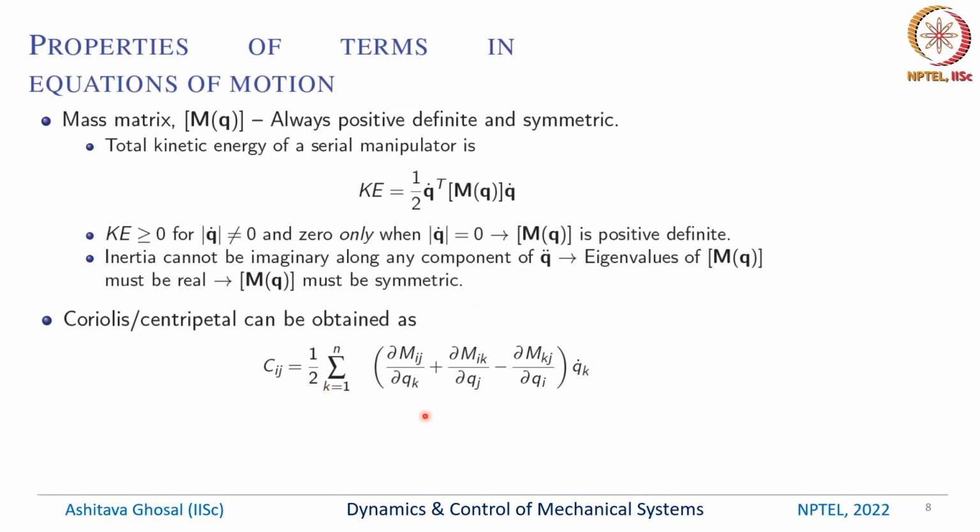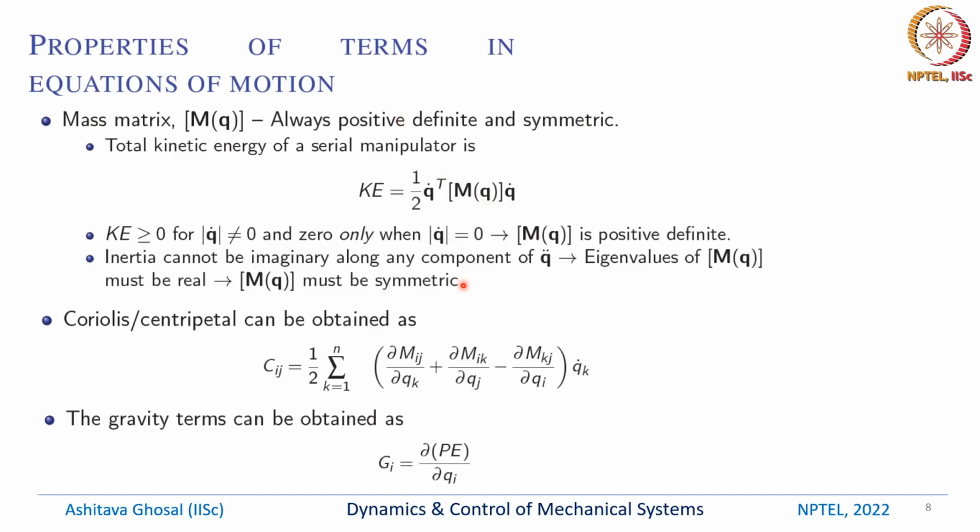So where does this formula come from? You can show that this is indeed true. In advanced math this is sometimes called a Christoffel symbol. It comes from the notion that you have something positive definite, which is the mass matrix.